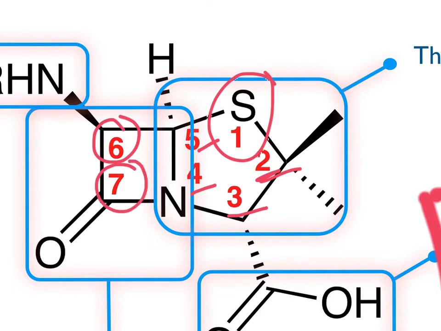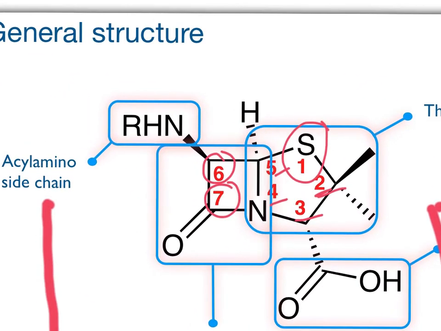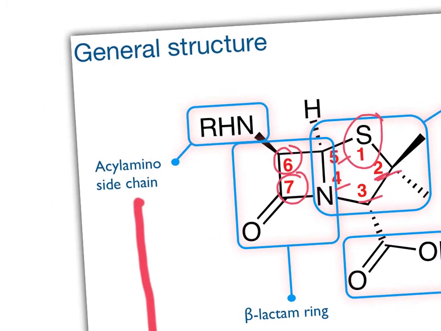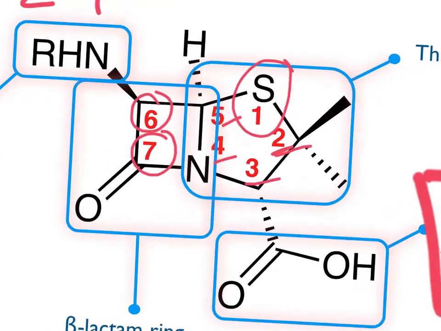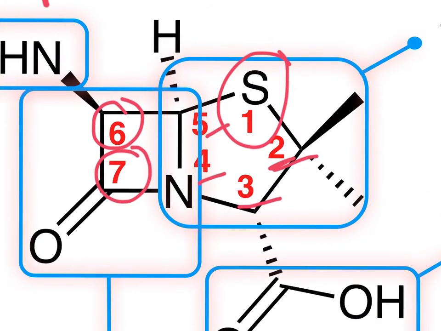The numbering for the ring ends at the carbonyl. The numbering for the side chain usually has 1 prime, 2 prime, and so on, but it is not too critical. The most critical is usually the central bicyclic ring.